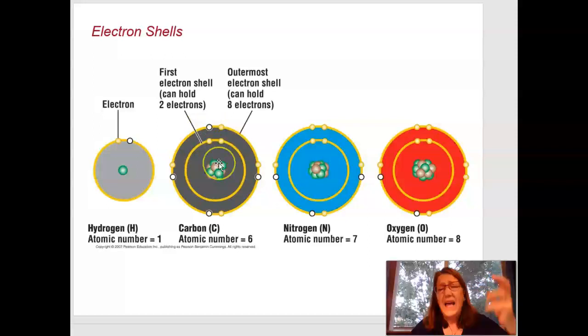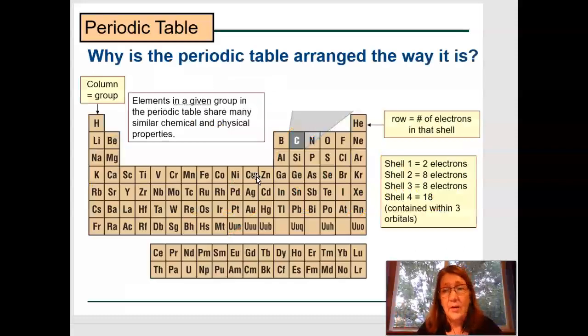Okay, so how many electrons does carbon need to be fulfilled in that outer shell? We can count. We need 1, 2, 3, 4. How else can we do that if we're just looking at the periodic table itself? I know we have a whole bunch of psych majors, so let's talk about it with our feelings, okay?